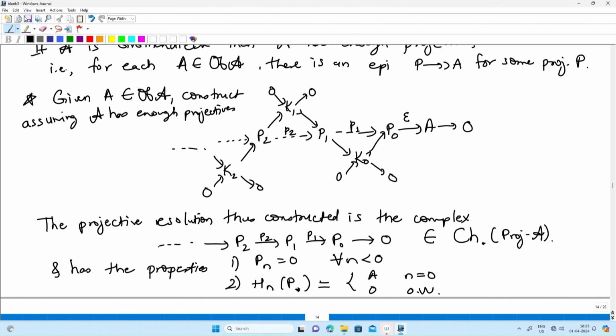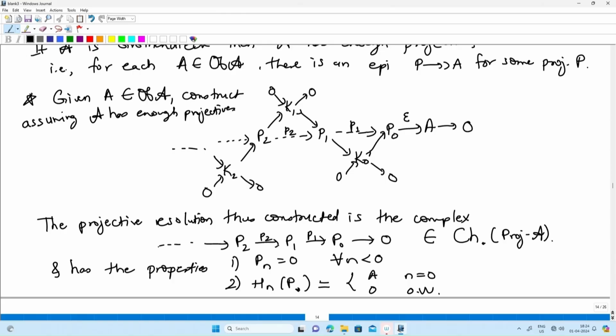So what we are doing is we can recover the object A as the zeroth homology, because you can see what is the image of the map from P1 to P0. How do we define homology? Kernel modulo image. What is the kernel of the map from P0 to 0?